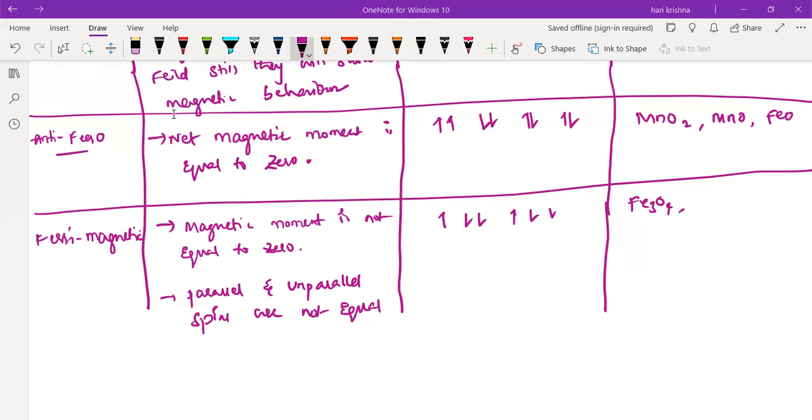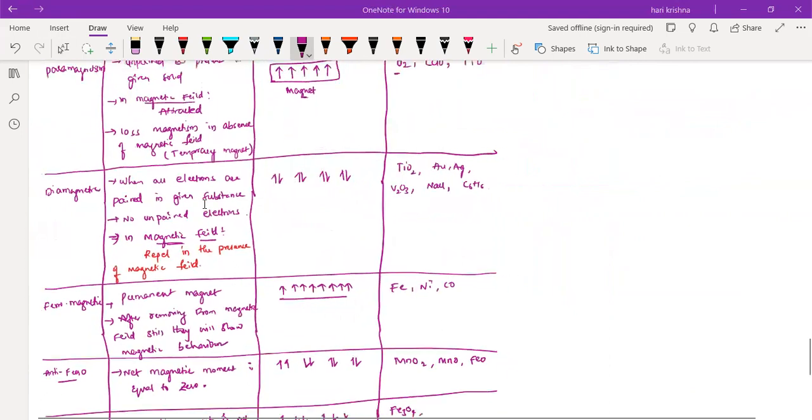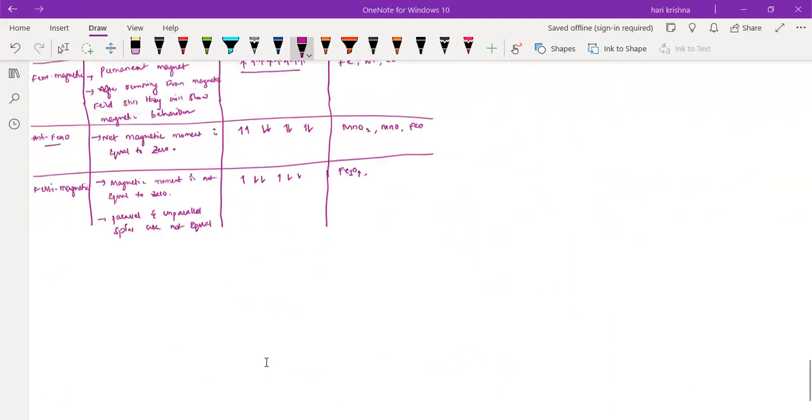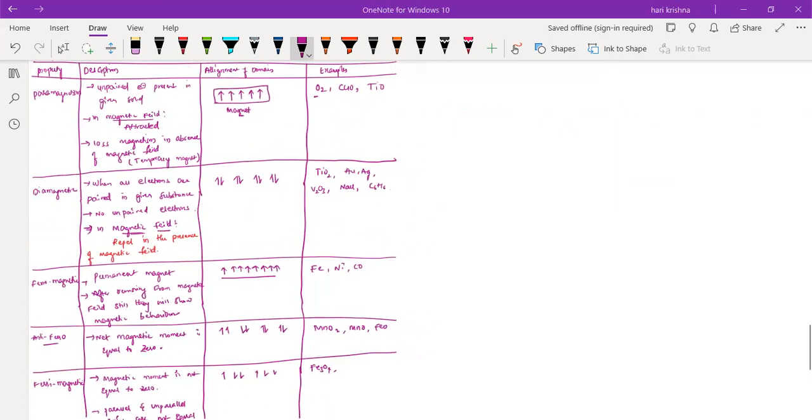So any doubts in this topic? Just go through it once again, the complete tabular column, and ask me if any doubts are there. Can you see it clearly?